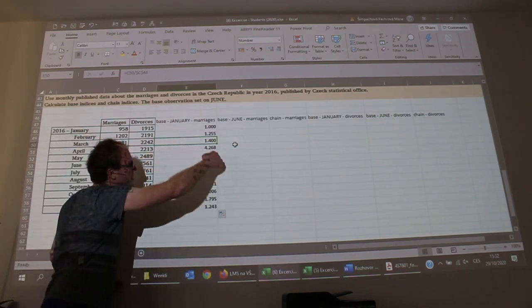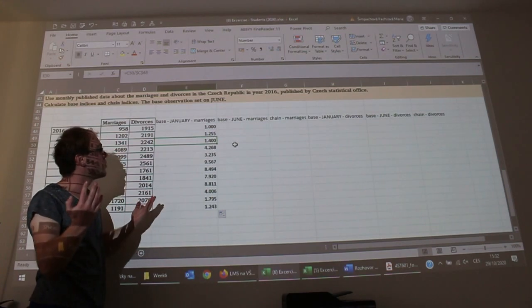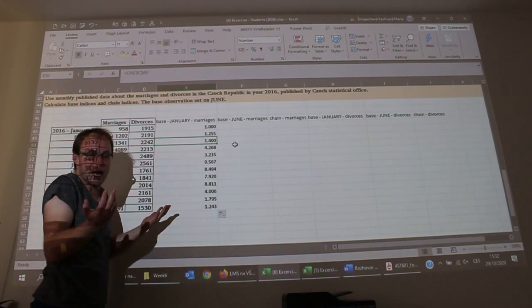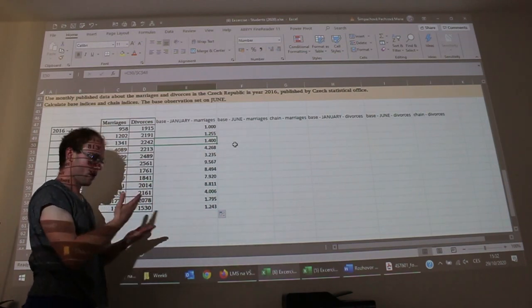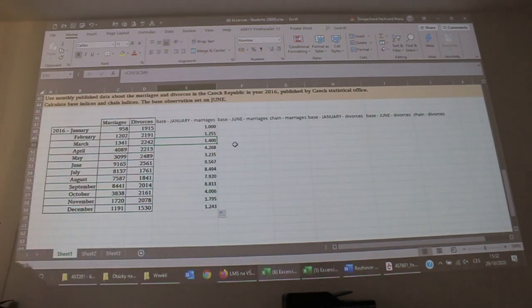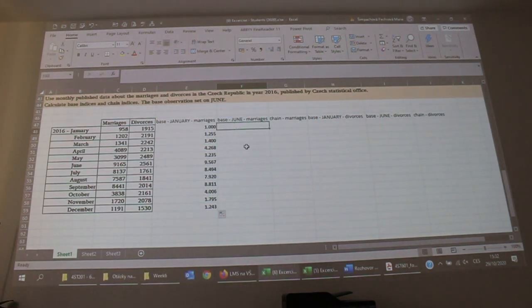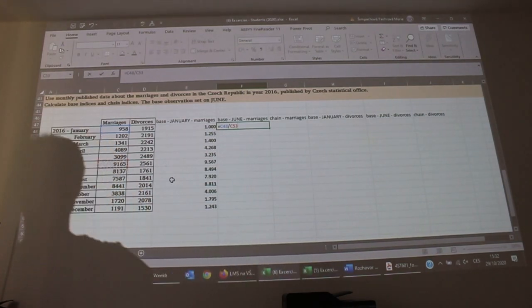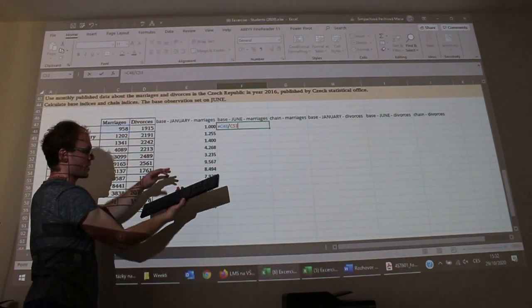Because of these very large values, I decided that I will use June as the base, and the interpretation of values will be compared with June. So equal sign, marriages in January divided by marriages in June, and again the base is the base.